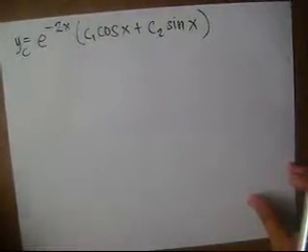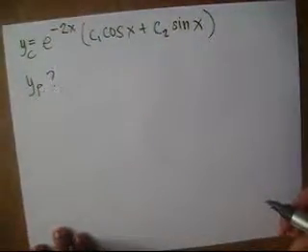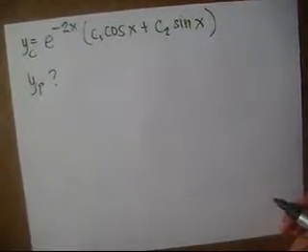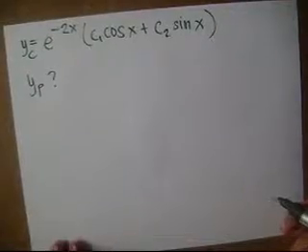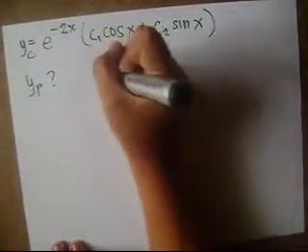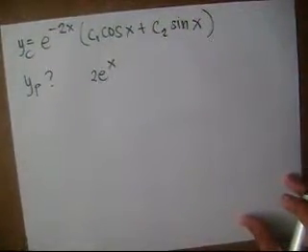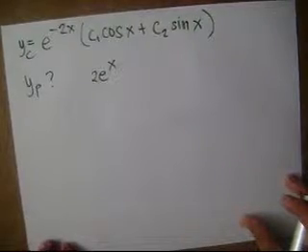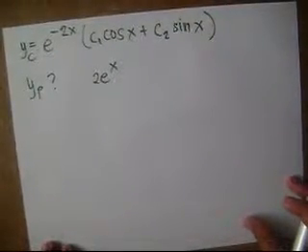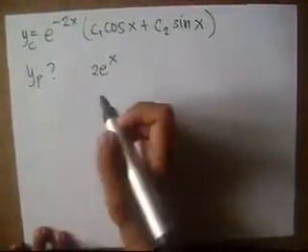Now, how to get yp? Simply by the method of undetermined coefficients. As I said earlier, 2e^x has a finite number of linearly independent derivatives. Thus, we use this method.